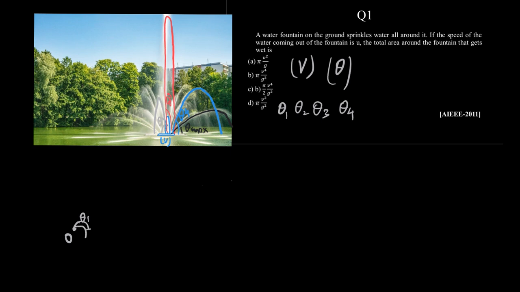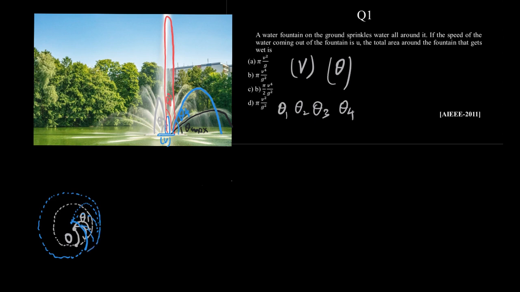So it may fire like this too, and water will come the maximum at this region, theta 1. But water is being sprinkled even beyond this, at theta 2, which means at theta 2 the water is sprinkled at an even farther distance.